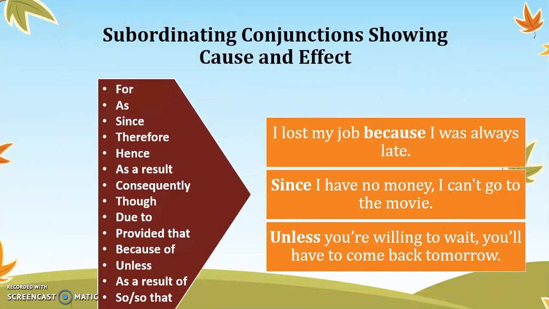Subordinating conjunctions showing cause and effect. The subordinating conjunction that is simplest to explain is the word because. Because is a conjunction with just one purpose, to show a cause and effect relationship between a subordinate clause and a main clause.